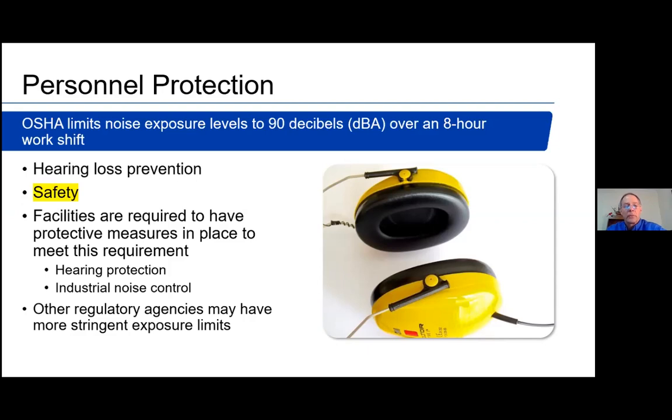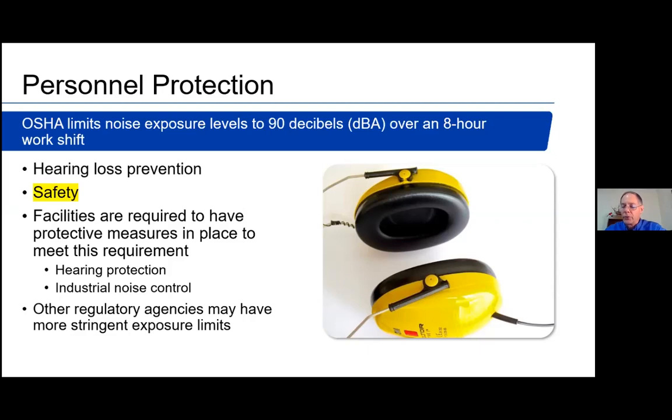Obviously, as I mentioned, the main reason for looking at industrial insulation is safety of personnel. An excellent way to look at this is to account for the fact that when you're in your working environment, you want to make sure that the workers are able to hear not only their coworkers if they're trying to tell them something, share instructions with them, or give them a warning or an alert, but also hear any warning sirens if there's a need for an evacuation or anything.